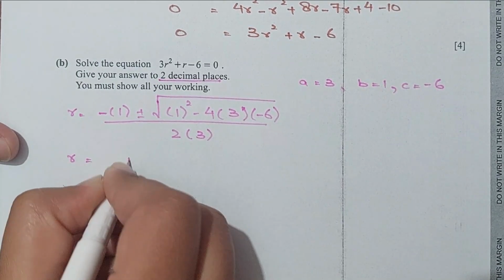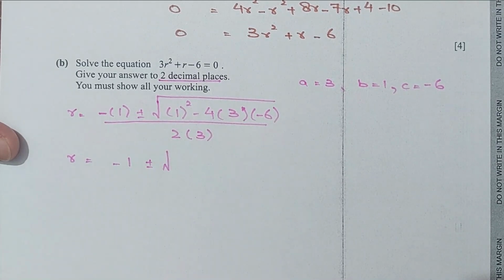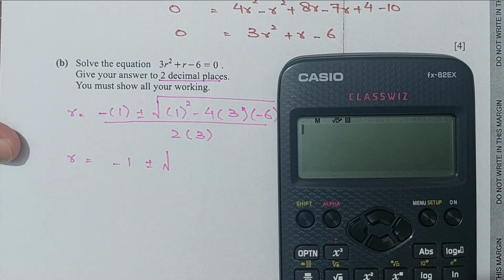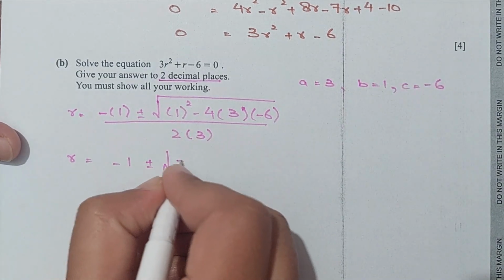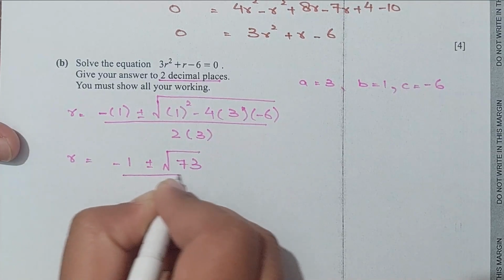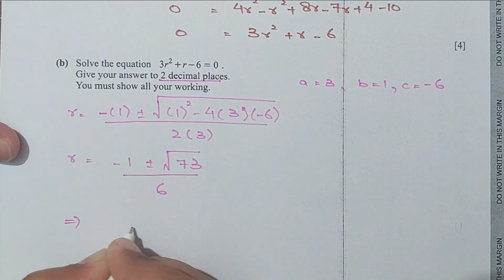r would be equal to negative 1 plus or minus square root of 1 square minus 4 times 3 times minus 6, which adds up to 73. Root 73, 2 times 3 would be equal to 6. Now we have two values of r.